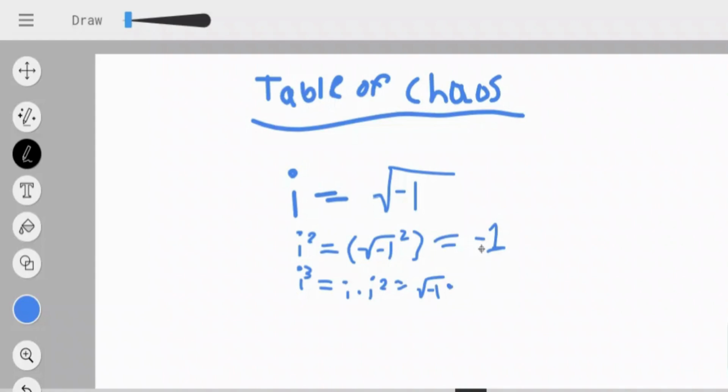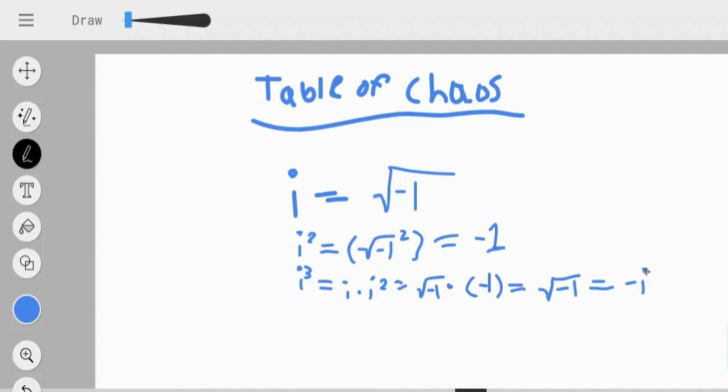We're going to write that with the radical this time, the square root of -1. Then we write the equal sign. The square root of -1 times the square root of -1 is going to give us the square root of -1 again, because we love these rules. And that's going to give us -1, and -1 times i is going to give us -i.